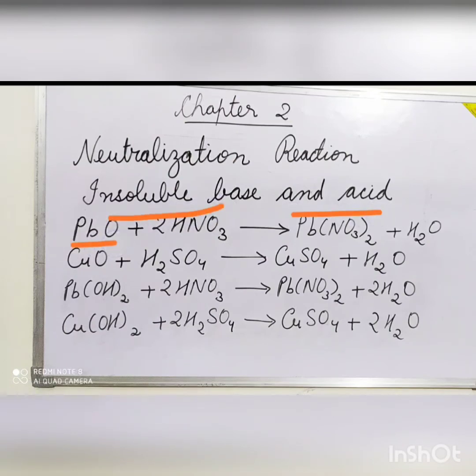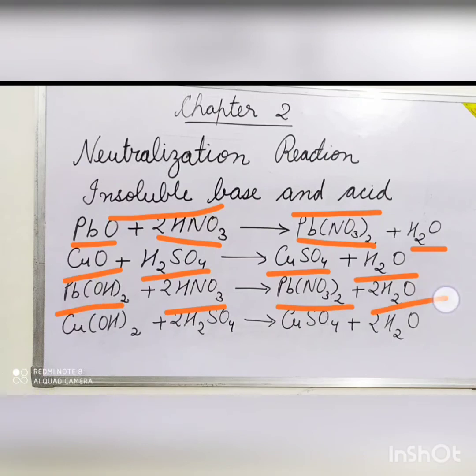Lead oxide plus nitric acid forms lead nitrate plus water. Copper oxide plus sulfuric acid forms copper sulfate plus water. Lead hydroxide plus nitric acid forms lead nitrate plus water. Copper hydroxide plus sulfuric acid forms copper sulfate plus water.